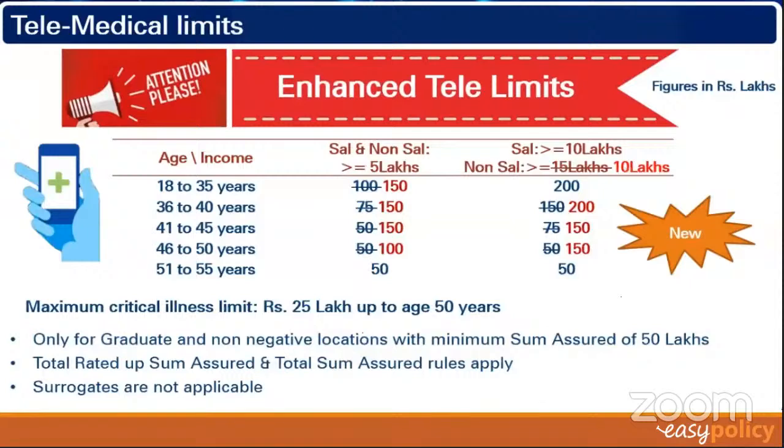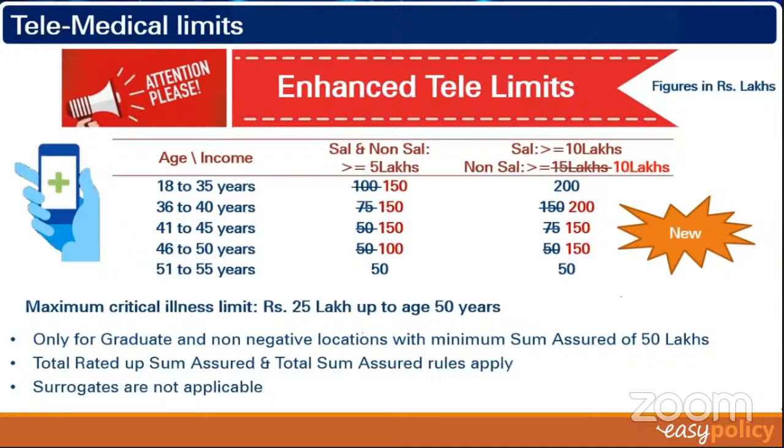So for a person of 18 to 35 years, if his income is greater than or equal to 5 lakh and less than 10 lakh, this means the income is between 5 to 10 lakhs, then a person of 18 to 35 years of age will be eligible for telemedical in ICICI for 150 lakhs.